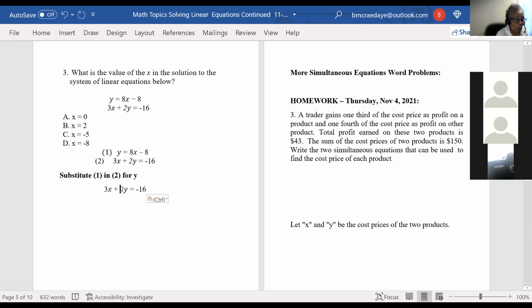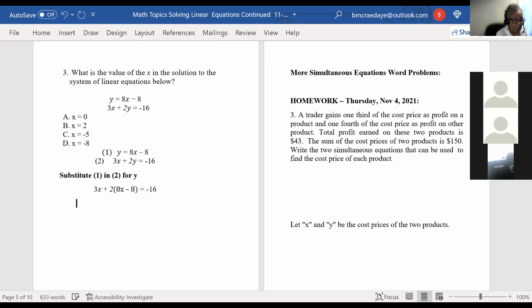So this would be 2 times what y is, 8x minus 8. We just took y equal 8x minus 8 and substituted it here for y, where we have 2 times y. So that becomes 2 times 8x minus 8. Next thing we do is multiply, right?